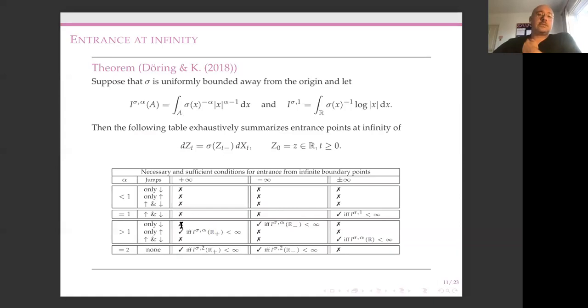So if we want to enter from plus infinity, we need to have the integral test holding over the positive half line. If we want to enter from plus minus infinity, we need the integral test to be over the full real line here. Okay, and that's Feller's result down there at the bottom.